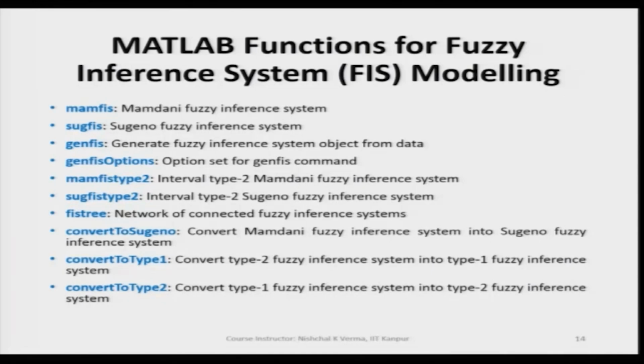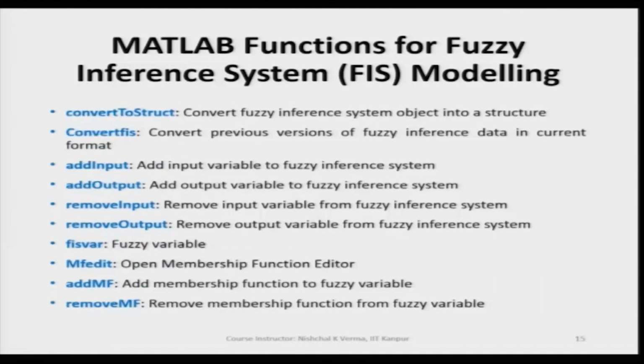Now, type 3 is also coming up, but whatever we will be dealing with here will be with respect to type 1 initially. And then fistree, convertToSugeno, convertToType1, convertToType2. So, all these functions are given, and then here we have a few more functions that you can go through.